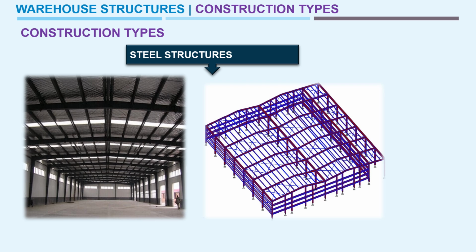Similarly, in the right hand side there is a staad model view for the left hand side construction type. So this is all called steel portal frame structures.